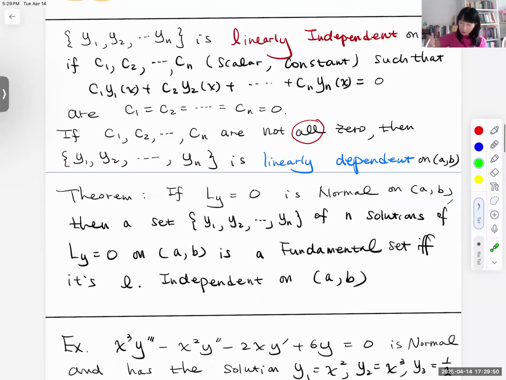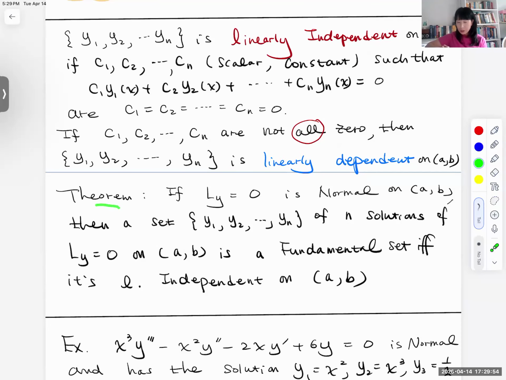All right, then another theorem: if L sub y equal to 0 is normal, then the set y sub 1, y sub 2 until y sub n of n solutions of L sub y equal to 0 is a fundamental set. We talked about the fundamental set earlier, right? IFF means if and only if, right?